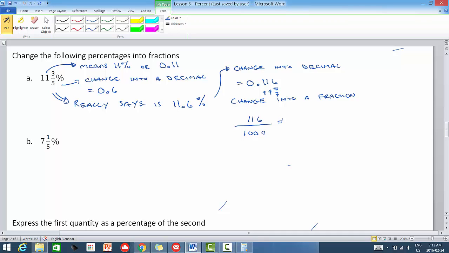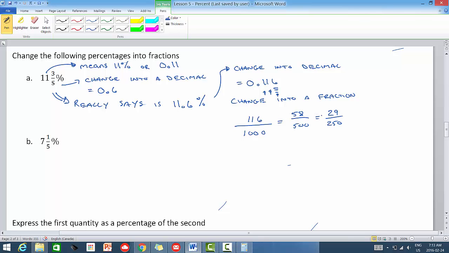If we divide by 2, we end up with 58 over 500. Divide by 2 again, and we get 29 over 250. Since 29 is a prime number, that's as far as we can go.